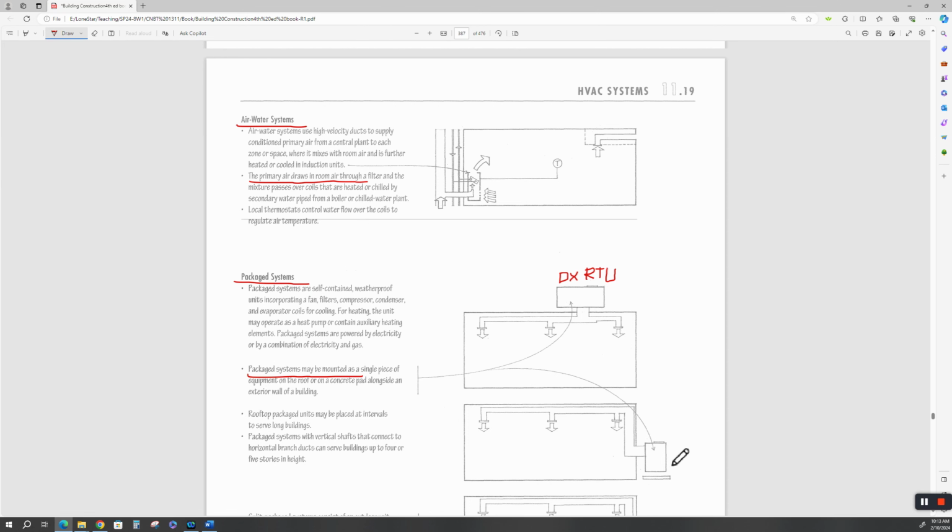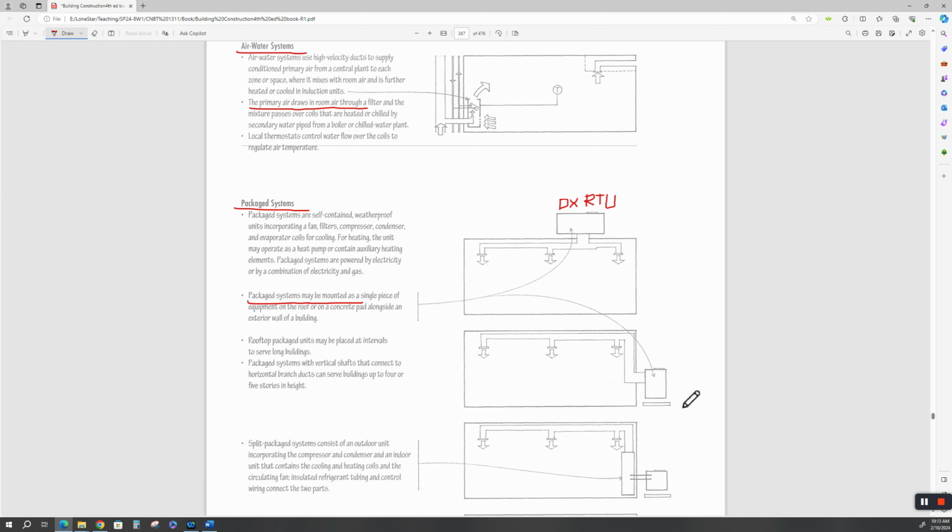This is a complete unit. A lot of the mobile homes use package units, and they tap into the duct system into the mobile home. And the heating and air conditioning, refrigeration units are not inside, they're outside.